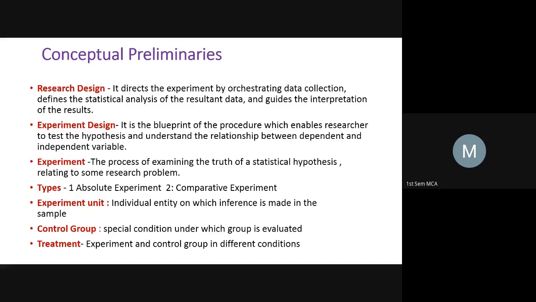So the objective here in the design is to reduce the impact or the influence of this kind of variables. So the dependent variable, independent variable, and extraneous variable are the three important terms that you need to understand when you talk about the experiment design.